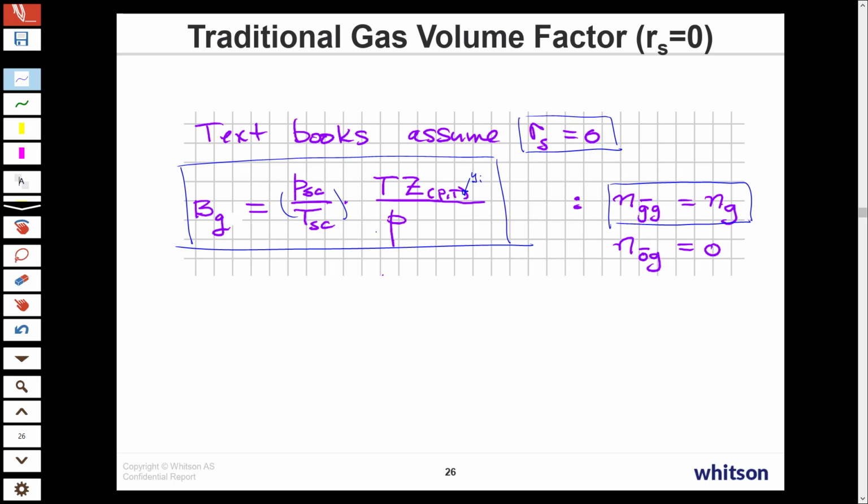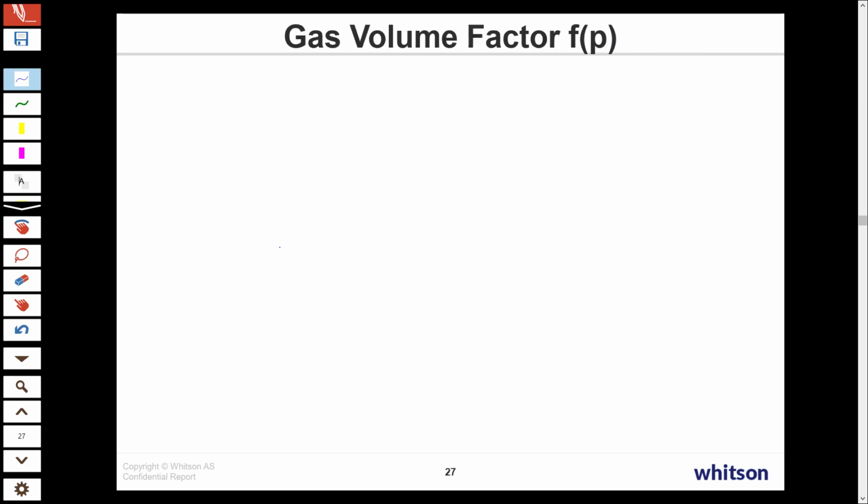Now, this is not really what we're going to be using for the vast majority of reservoirs today, because for the vast majority of reservoirs today, any gas that comes out of the reservoir will usually carry with it enough condensate in solution that it should not be neglected or ignored. So, we've already looked at this pressure dependence of the formation volume factor. I'll re-sketch it here.